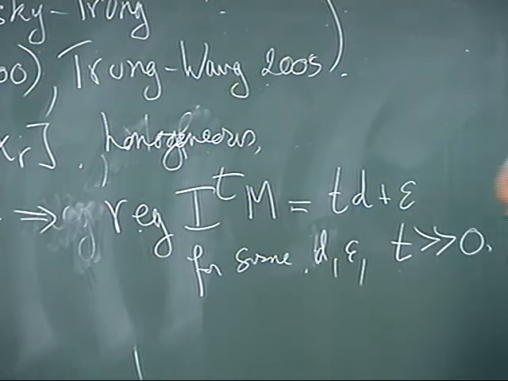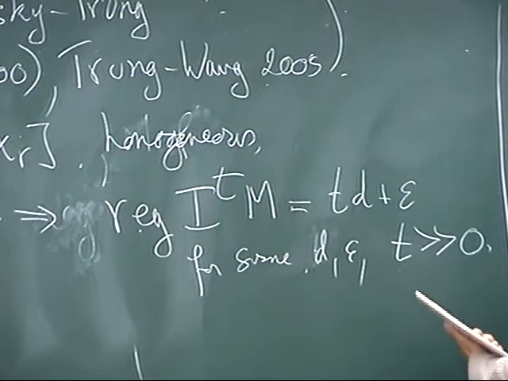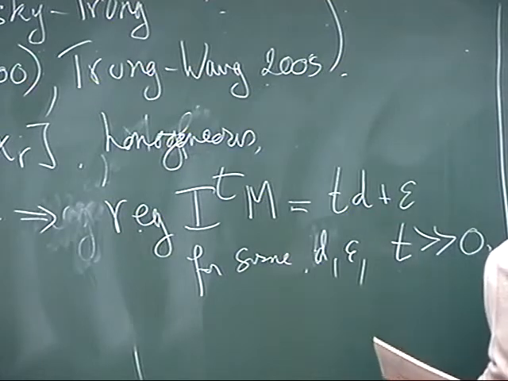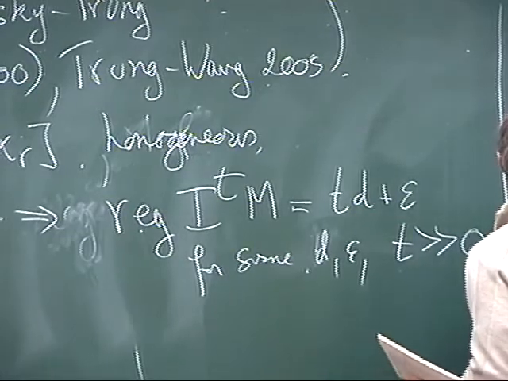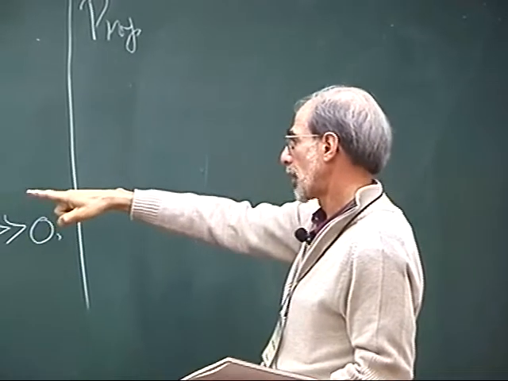So I want to connect these two by telling you a very special case in which we do understand epsilon. So let's specialize everything to the case which I'm going to talk about.